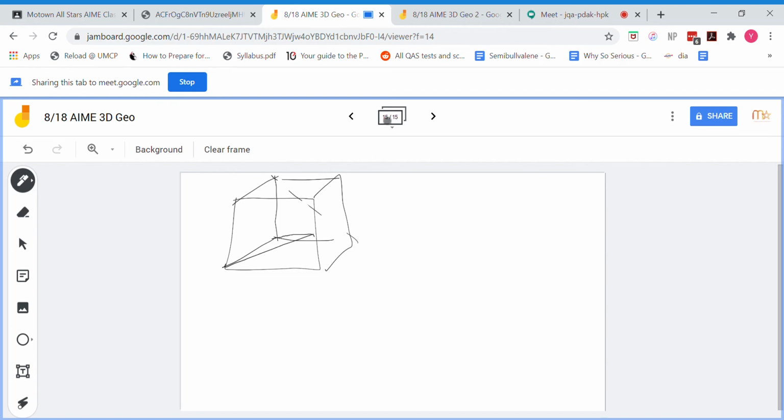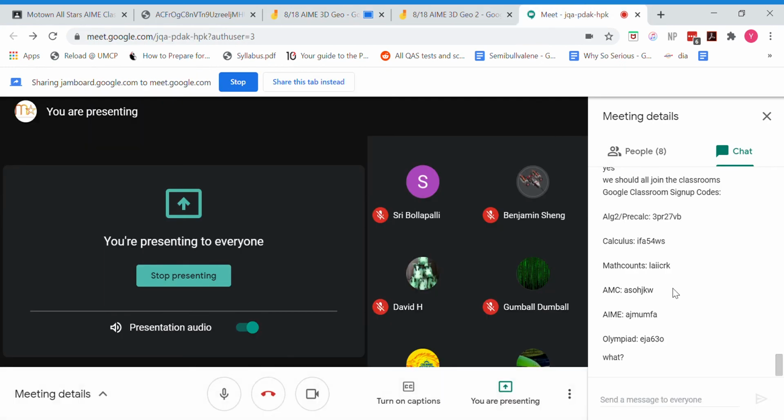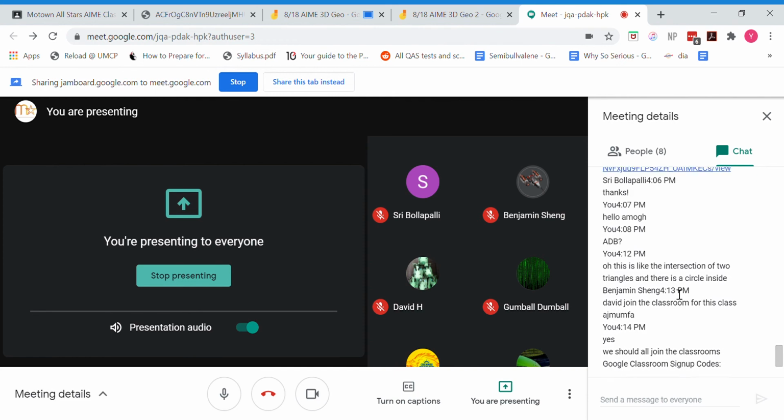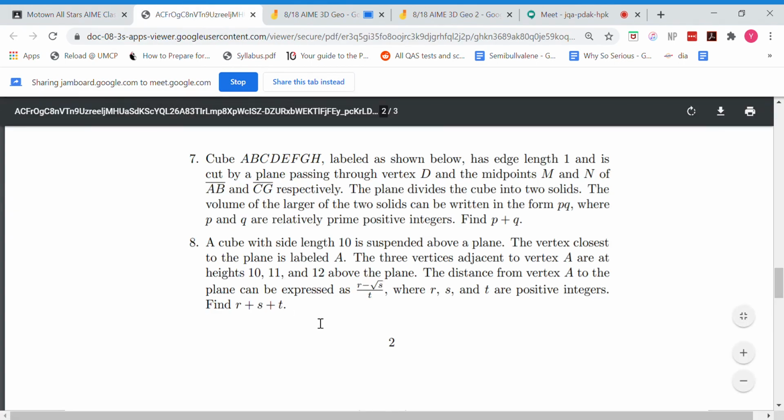Then where's the projection of this plane on all the other lines? You should be able to figure that out now. It's a simple expansion of this technique right here. Alright, so now let's look at the next problem.